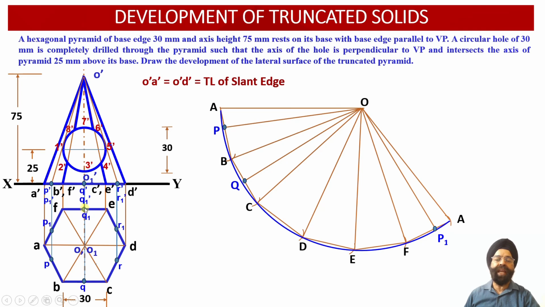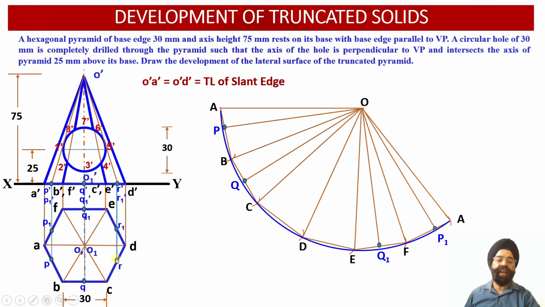Similarly, point Q1 happens to lie alongside the edge EF at the midpoint over here. So between the points E and F, we can mark the midpoint as Q1 point over here. Now having obtained the midpoint of EF, we can join the projector line OQ1 over here.